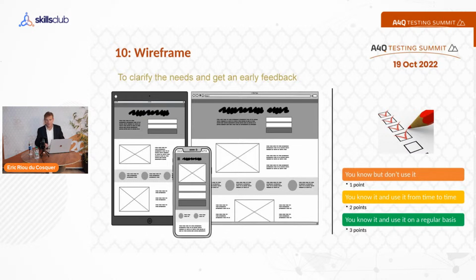A big mistake is to wait for the final version of the software and the final version of the graphical user interface to present it to the customers. Because in case the customer is unhappy, you will have to unbuild and rebuild many things in the software. So the wireframes are also one of the most useful tools for the BAs.